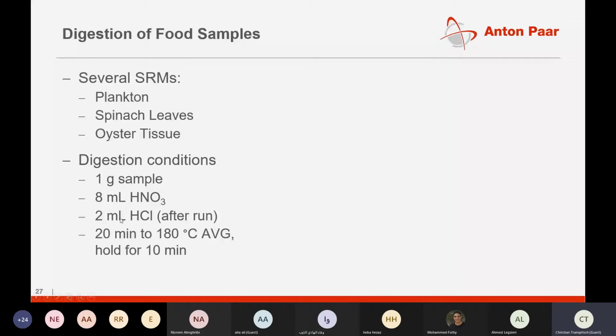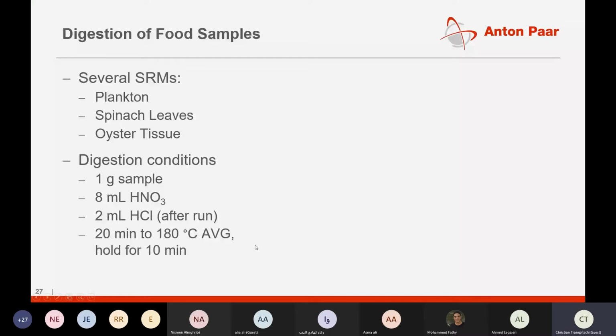We need the hydrochloric acid to stabilize some elements, mercury, iron, for example. They are stabilized by the hydrochloric acid so that they do not adsorb to the vessel wall. And the program takes 30 minutes, 20 minutes to 180 degrees, again in average mode, and hold for 10 minutes.